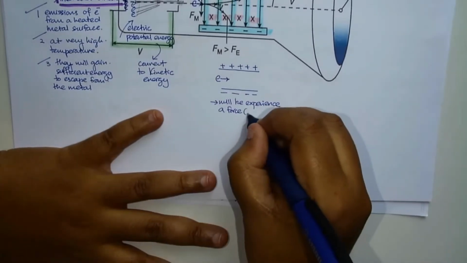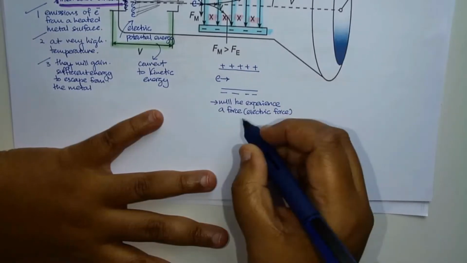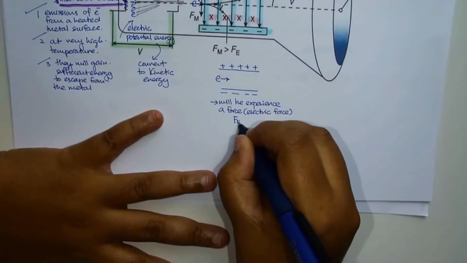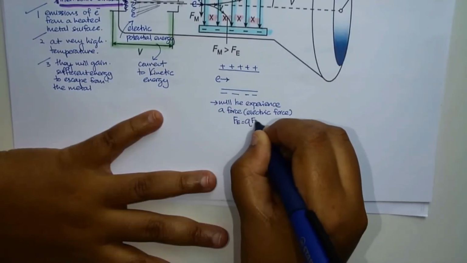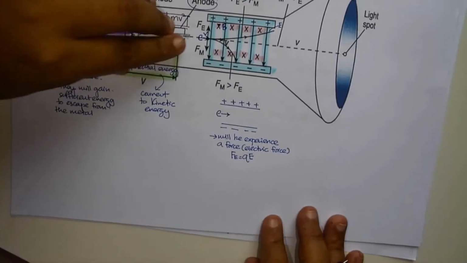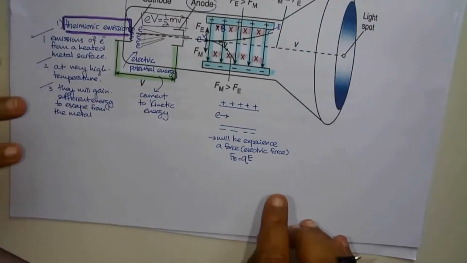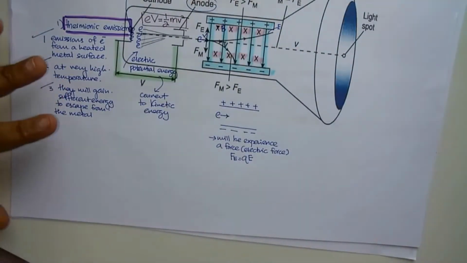What force? Electric force, which is F_E equals QE. Now how to know the direction of the electric force? By looking at the charge. This is a negative, it will be attracted to the positive charge.